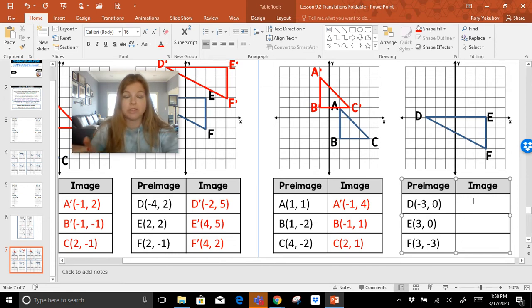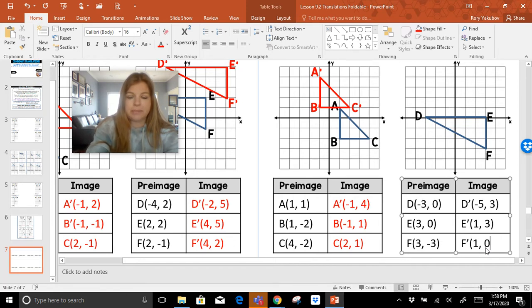Okay, so now if I want to translate -2, +3, D prime, subtract 2, add 3. E prime, subtract 2, add 3. F prime, subtract 2, add 3.